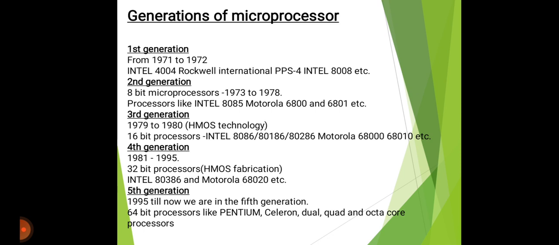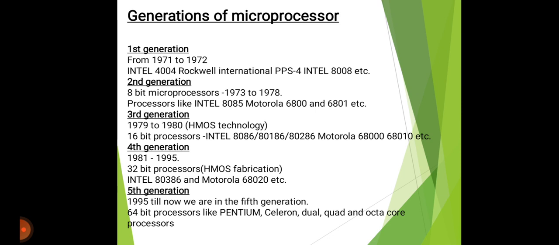Then in second generation, in the 1970s, a small number of transistors were available on the integrated circuit. For example, second generation microprocessors have 16-bit arithmetic and 7 pipeline instructions processing.